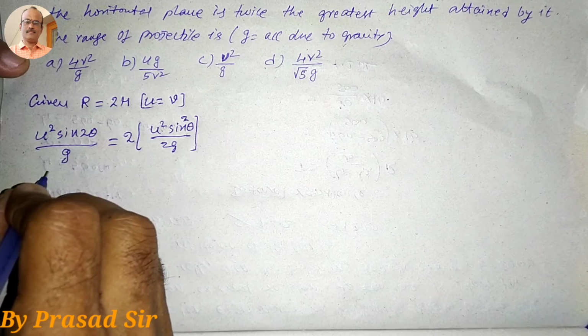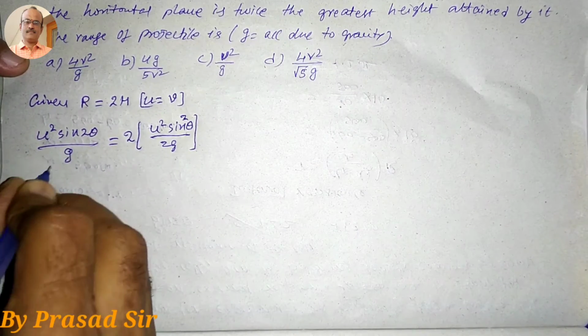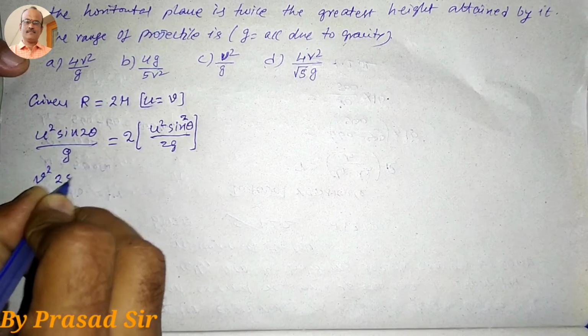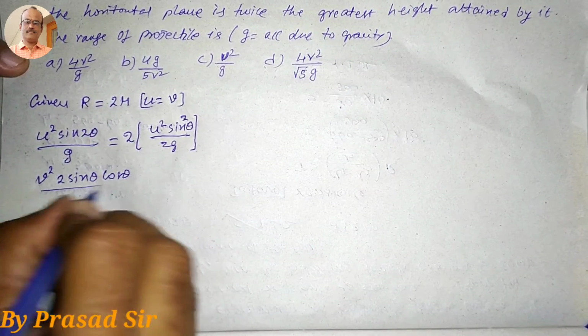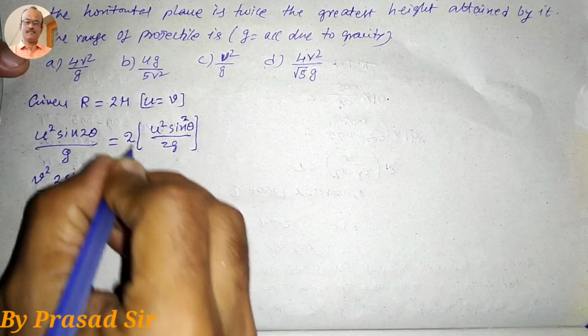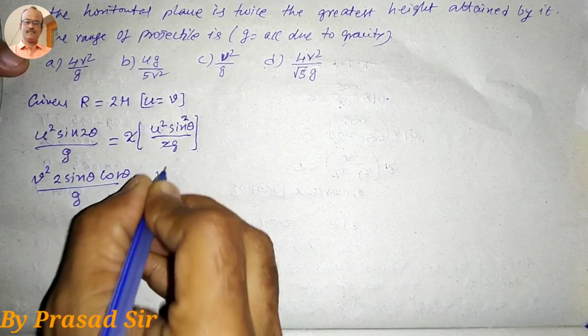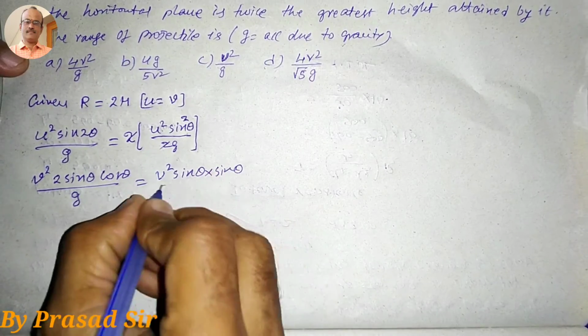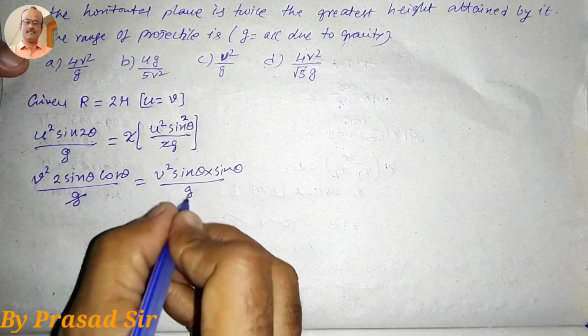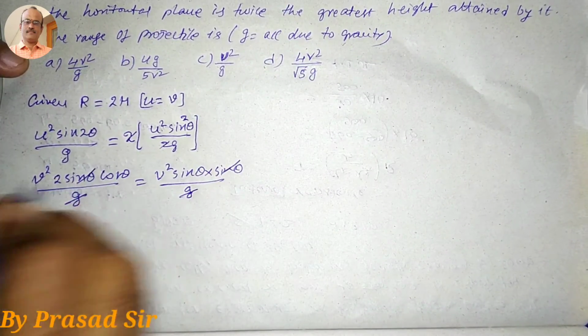So then what happens in this case? v square sine 2 theta can be written as 2 sine theta cos theta divided by g, is equal to, 2 gets cancelled, v square sine theta into sine theta divided by g. So g cancels, sine theta gets cancelled.